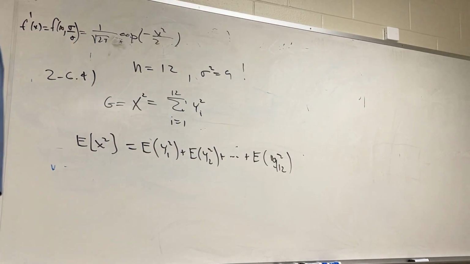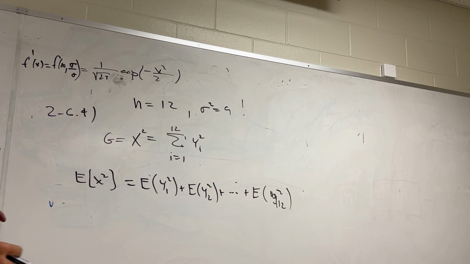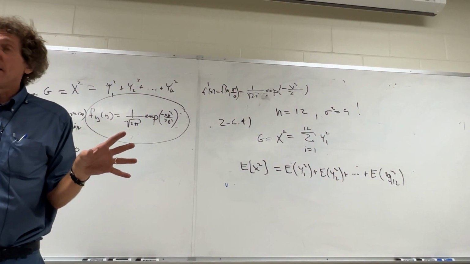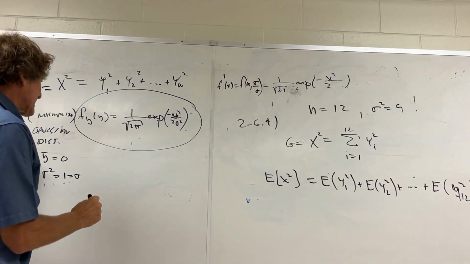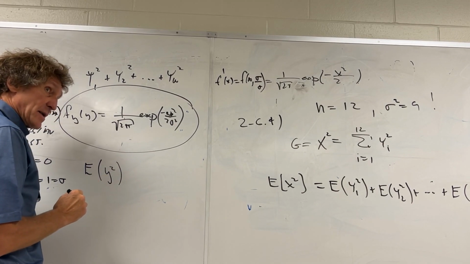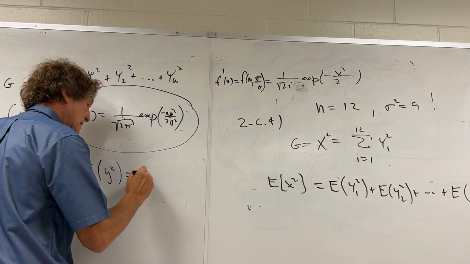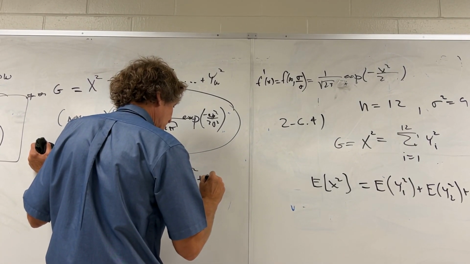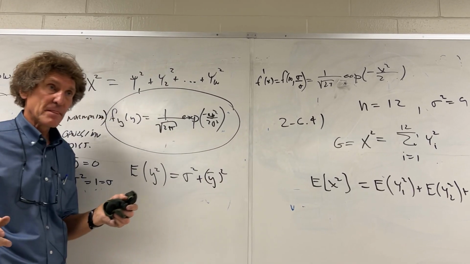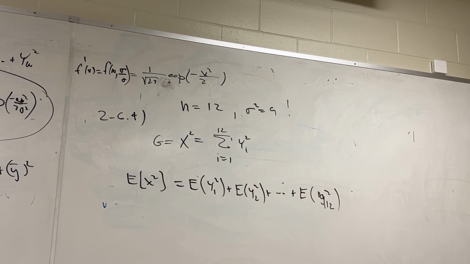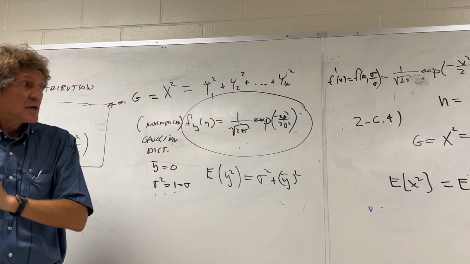And here's where you have to realize, remember the distribution for y here is assumed to be Gaussian. Go with me? The expected value of any of these y squared is really equal to the sigma squared of y, that would be the Gaussian, plus the mean value of y squared, right? You all agree with that? What's the mean value of y? Said in the problem? 0. 0 for the Gaussian distributions, right? So it gets rid of that.